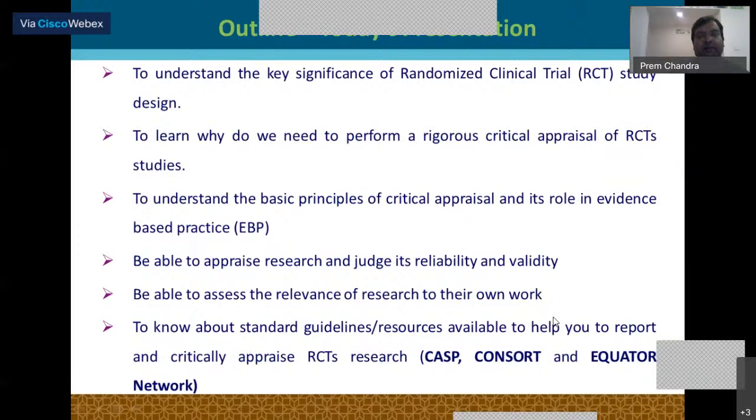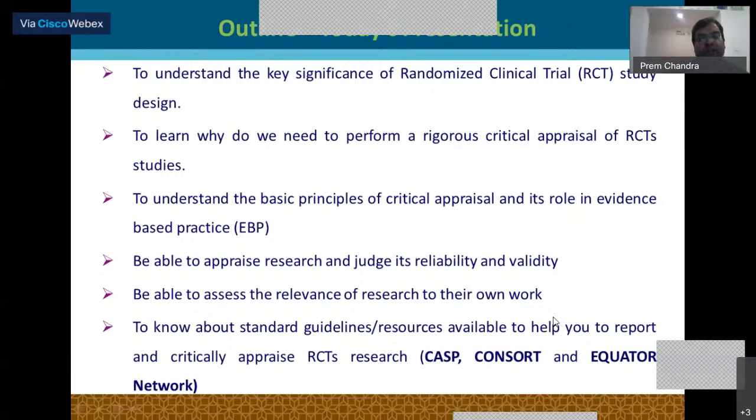So this is a very brief outline of today's presentation. We have already discussed understanding the significance of the randomized clinical trial study design. The previous speaker has spoken about this, and we will also be discussing why we need to perform a rigorous critical appraisal of RCT studies, and the basic principles of critical appraisal and its role in evidence-based practice.